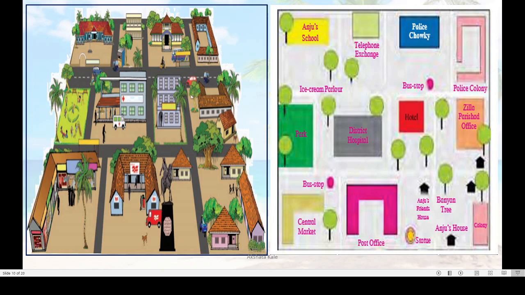Each and everything is there in the sketch. See the hotel. See the police chowki. See this telephone exchange. Anju's school. Right? And here the Jilla Parishad office. And so many trees. Here in this picture you can see so many trees. The same trees are there in the sketch. But here we use symbols. Got this? I hope you understood about the sketch and the picture.